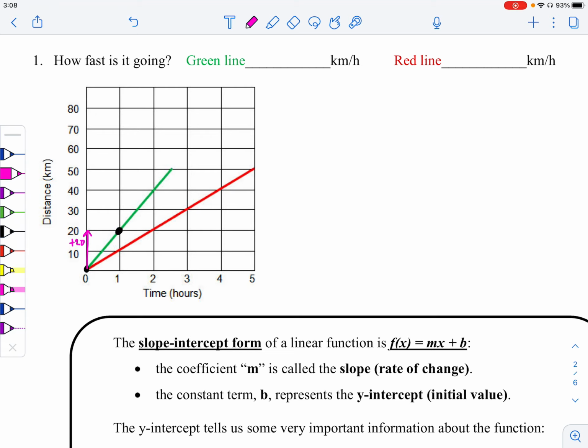So our slope, or our rate of change, is given by rise over run. Our rise is up and down, so it went up 20.